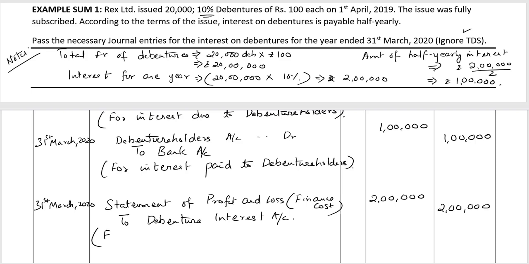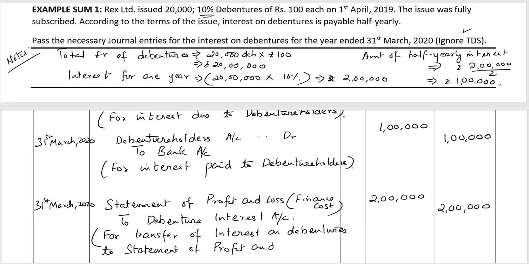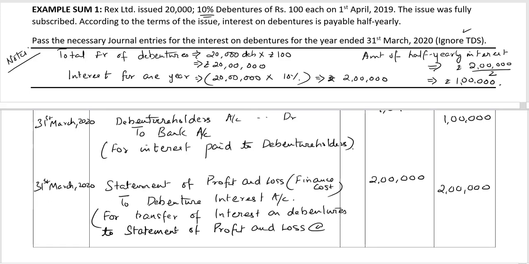For transfer of interest on debentures to statement of profit and loss at the end of the accounting period.